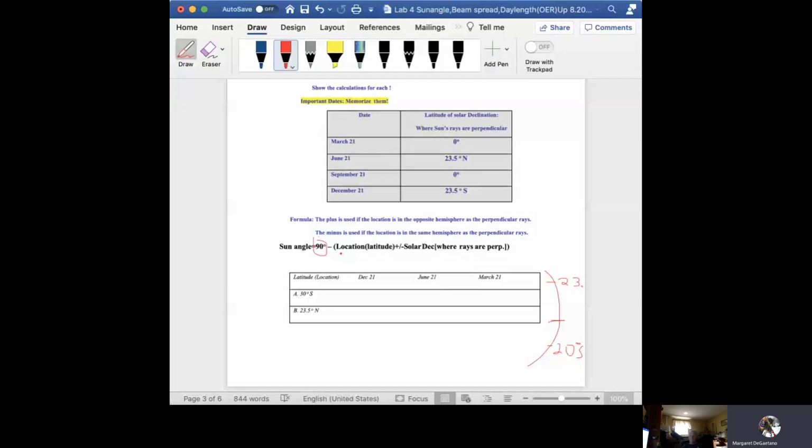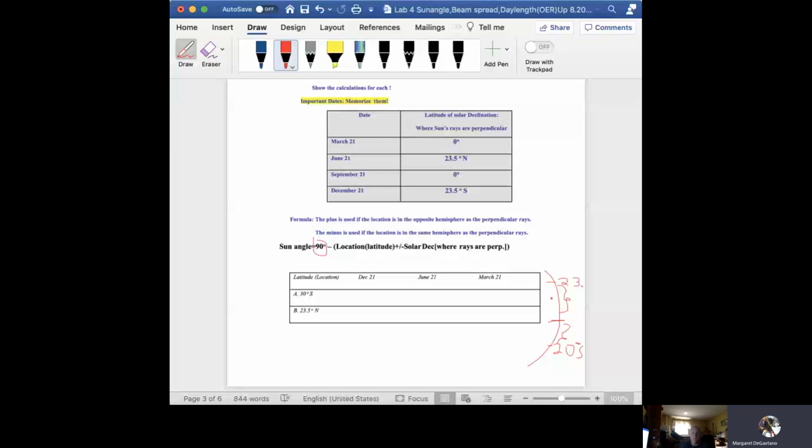If they're in the same hemisphere, you subtract. If they're in opposite hemispheres, you add, because I have to take this distance plus this distance. I'm actually 23.5 plus another 20 degrees away from perpendicular.